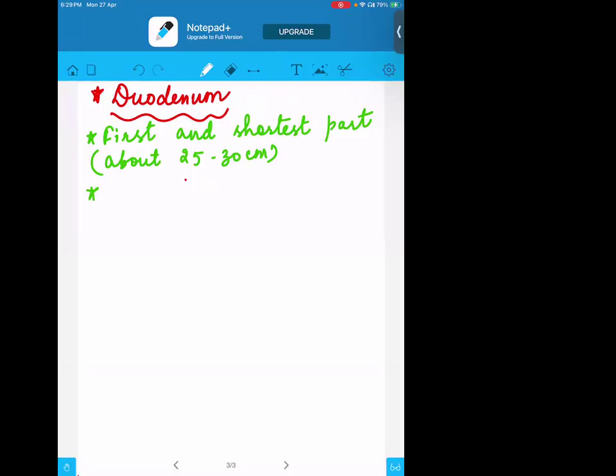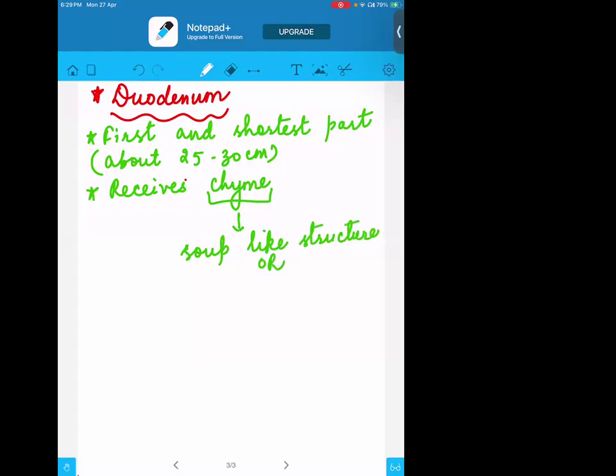Now, basically, it receives the chyme. What is chyme? Chyme is a soup-like structure, the partially digested food that is present in the stomach.